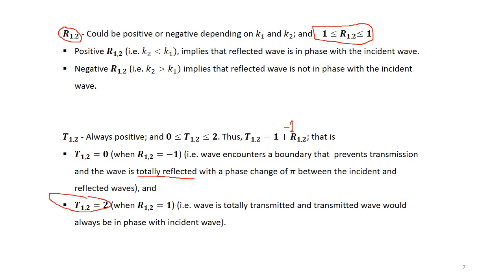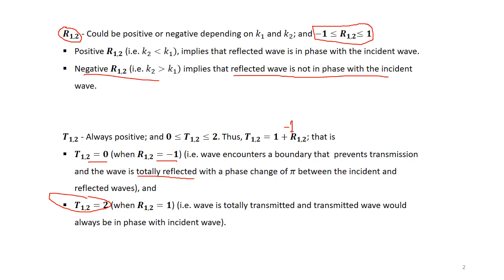We see that it aligns. So a negative value shows that the reflected wave is not in phase with the incident wave. Likewise, when you have a negative R and T is equal to 0, it shows that the incident and reflected waves are not in phase. You see some consistencies, so it is very easy to interpret.